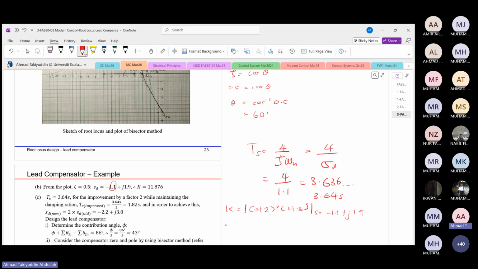Then you will have your K equal to 11.876. Right? Okay, sir.